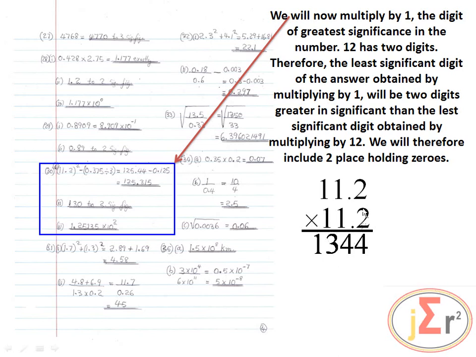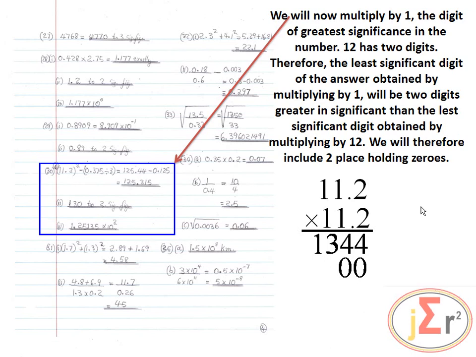Notice where this one is. If we start here, 1, 2, 3. Notice that this is in position 3. This is in position 1. Therefore, when we start our answer using 1, it should be 2 significant figures greater than where we started when we multiplied by 12. And that is what we are saying.